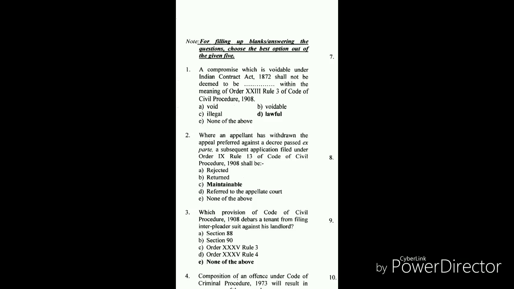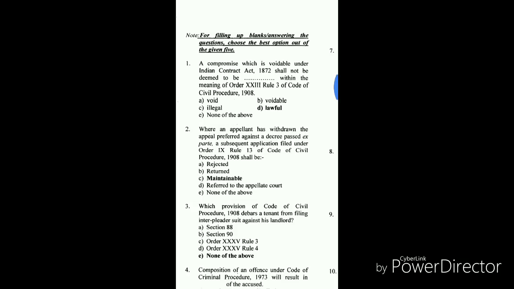The same language you will find in the bare act: shall not be deemed to be lawful within the meaning of Order 23 Rule 3 of the Code of Civil Procedure 1908. The answer to this question is lawful.